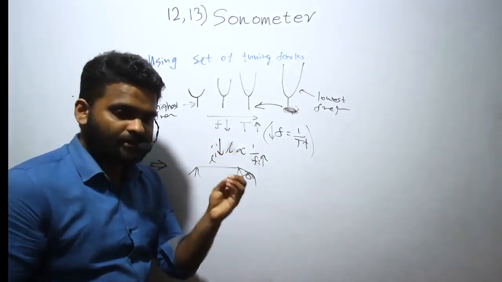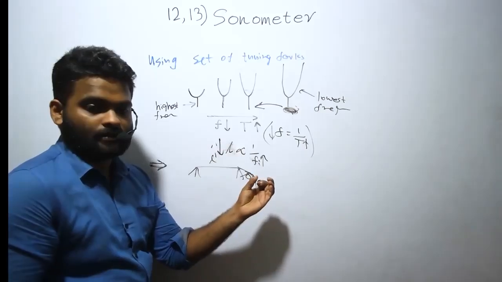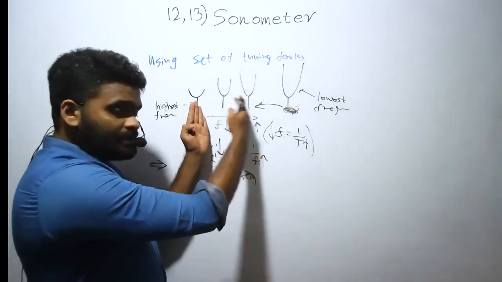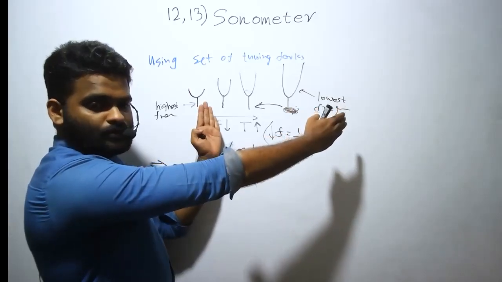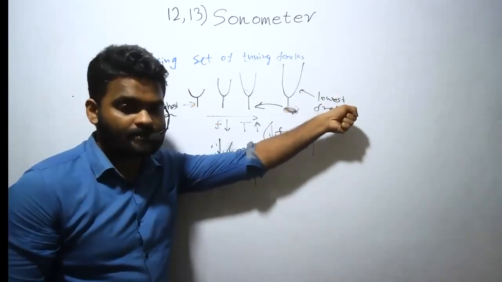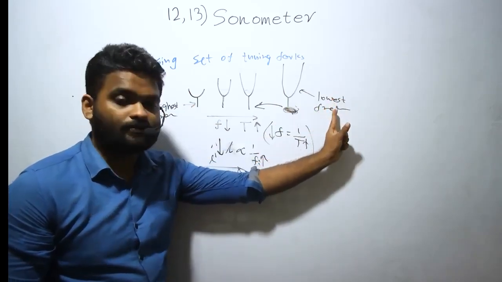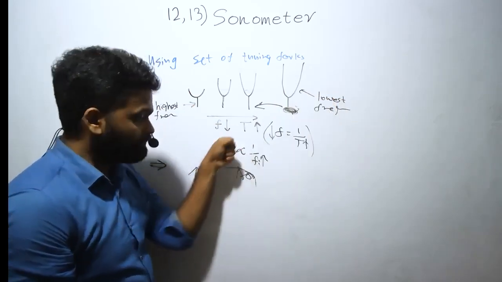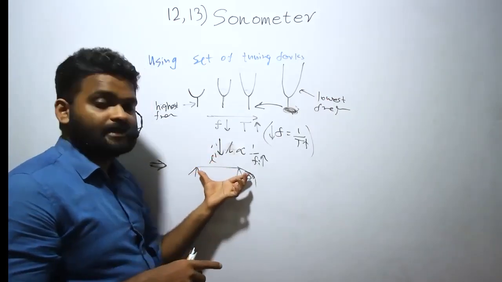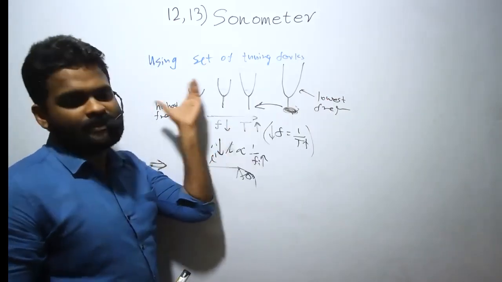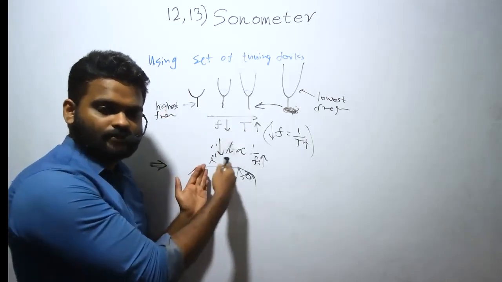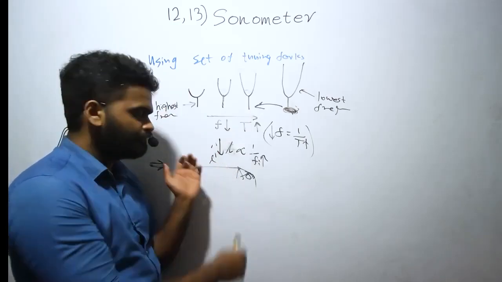So in the experiment, you have to first make sure that we can use all the tuning forks. We get the largest length, meaning the lowest frequency tuning fork, and place it. For other tuning forks, length will be sufficient, because for those it is less length, right?